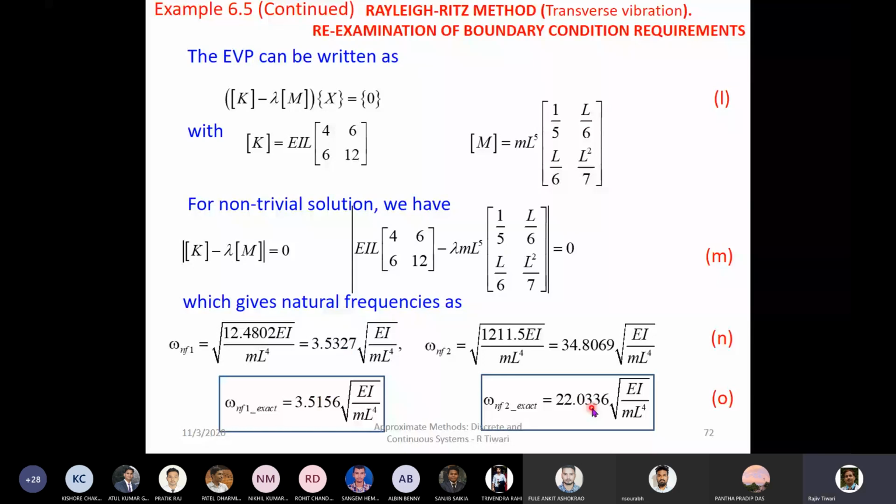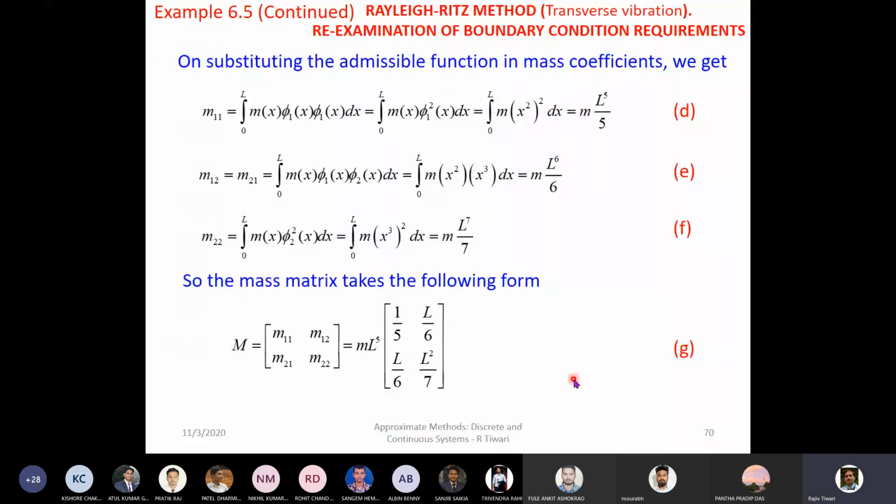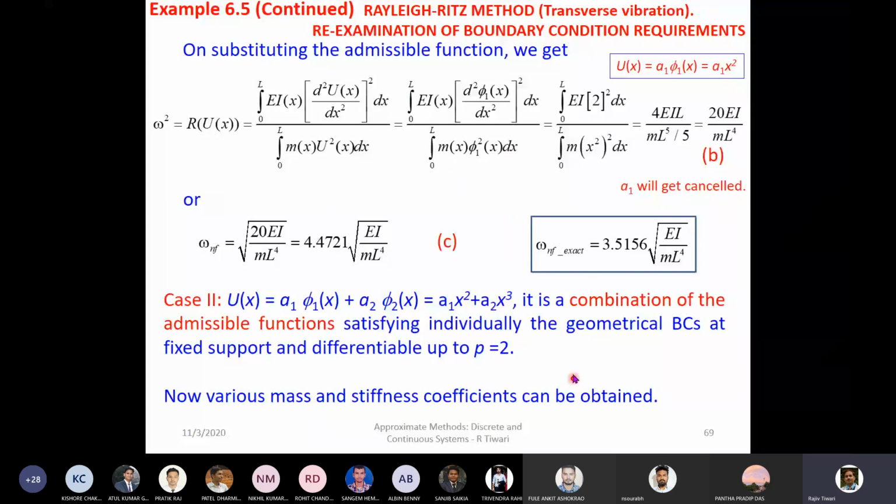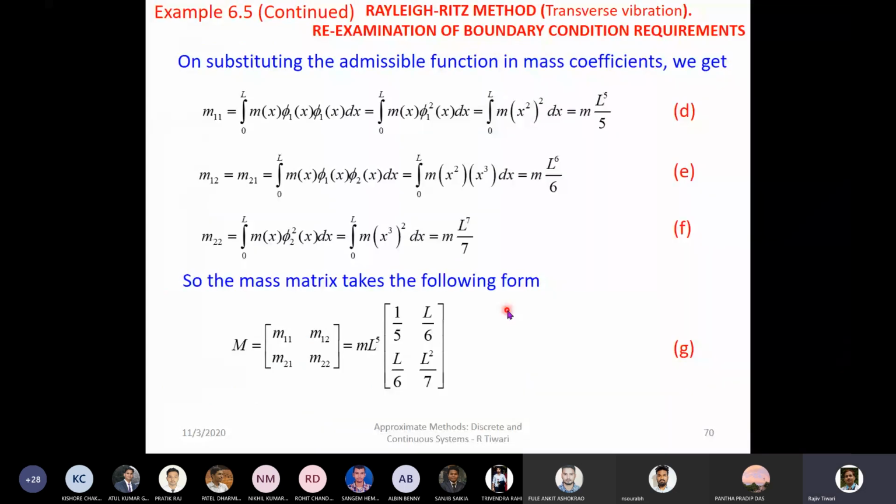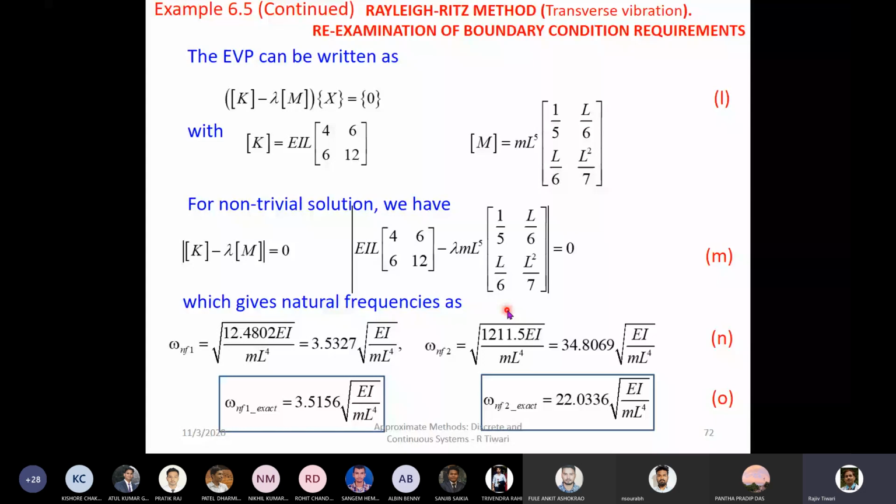So what is happening: when we took a single term earlier, the deviation was more in the fundamental frequency. But when we took 2 terms of admissible functions, the first natural frequency became closer. We got the second natural frequency also, but it is deviating more.